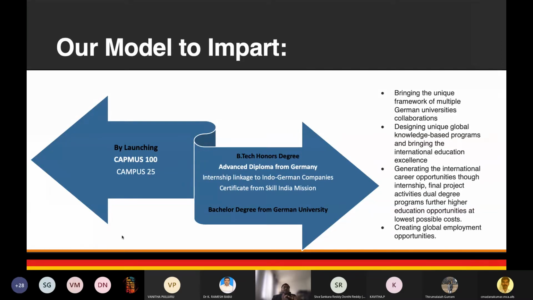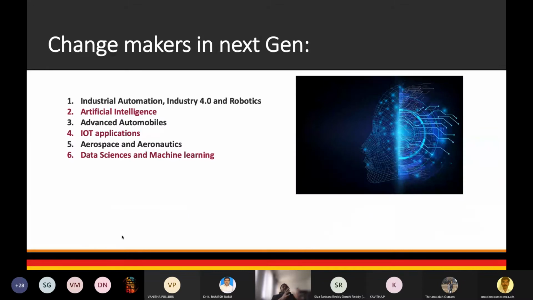When coming to the student perspective, the next-generation change makers are definitely the different technologies, coming out of the cocoon of the classical education streams. But of course, those are also very important. Having a very strong base and interlinking it with emerging technologies like automation, artificial intelligence, advanced automobiles, IoT, aerospace, and data sciences.